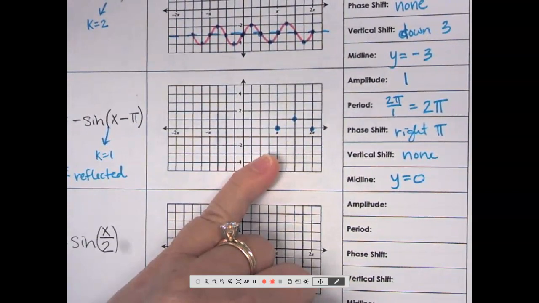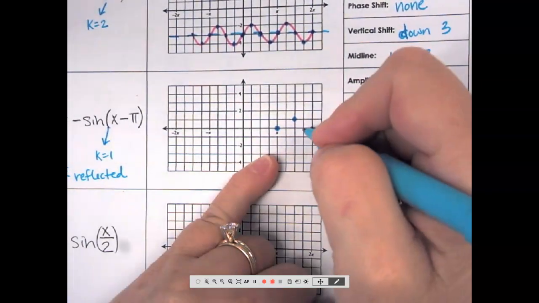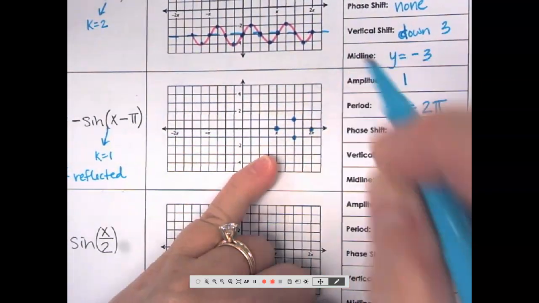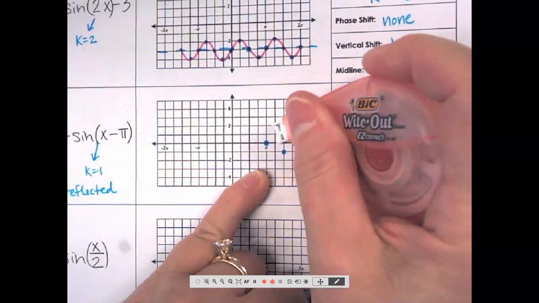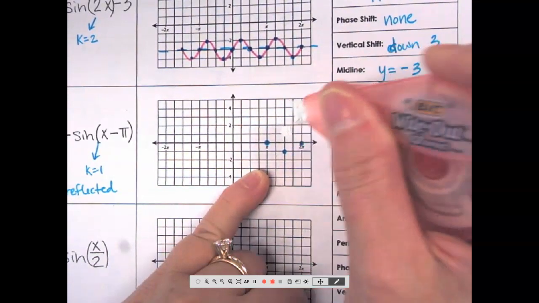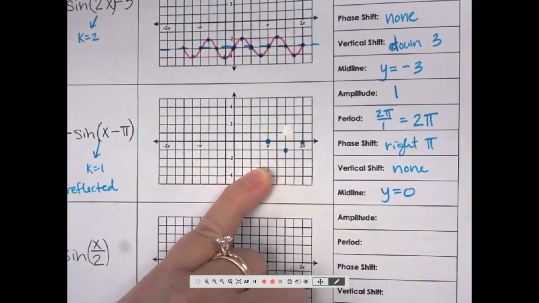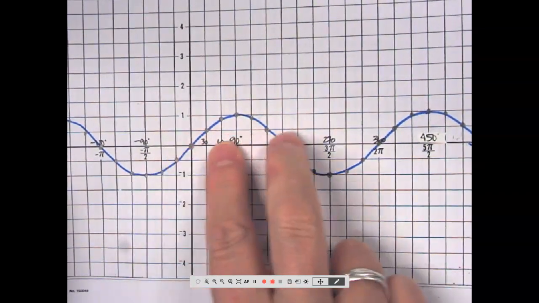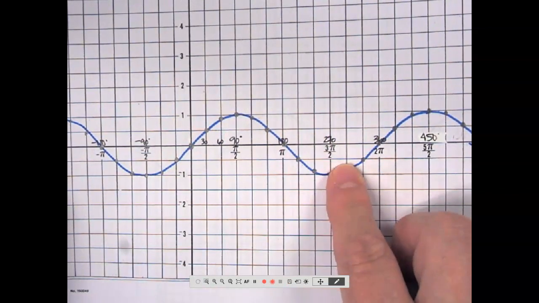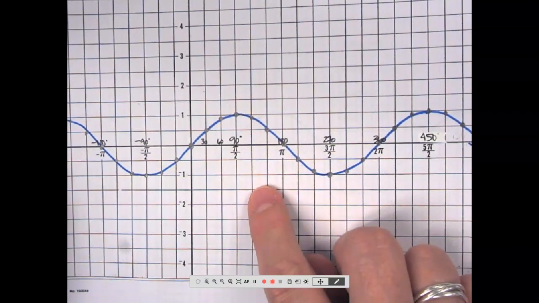I didn't flip it, did I? Cross that out. I'm going down first instead of up. Okay, so this little curve that I just made would normally be this curve, but I moved it right and flipped it. Isn't it going to look like this one now?